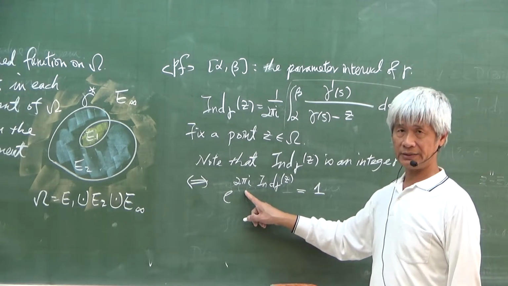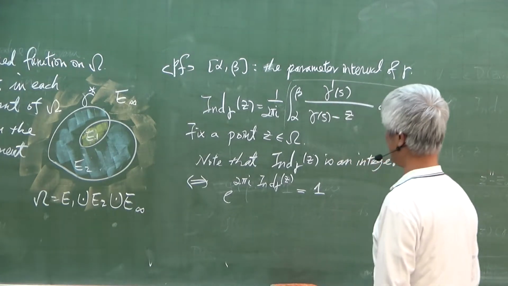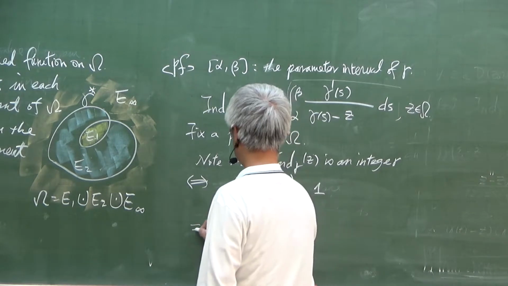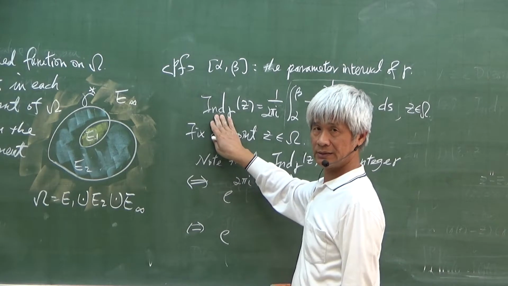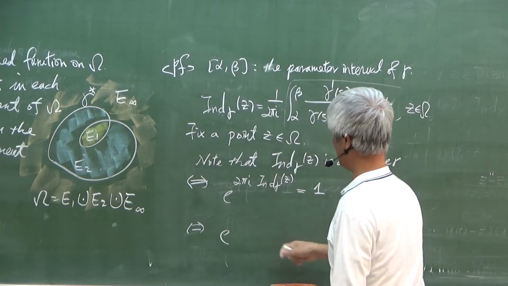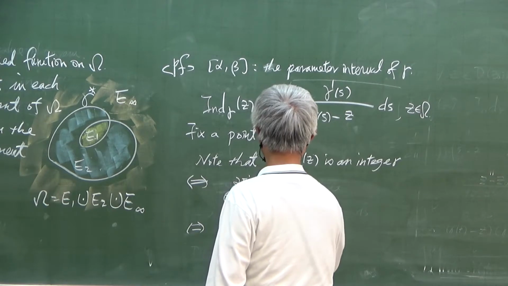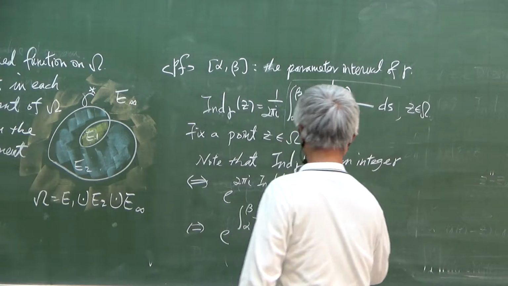This implies that, since 2 pi i times index is this integral, exponential of the integral from alpha to beta of gamma prime x over gamma x minus z dx is equal to 1.